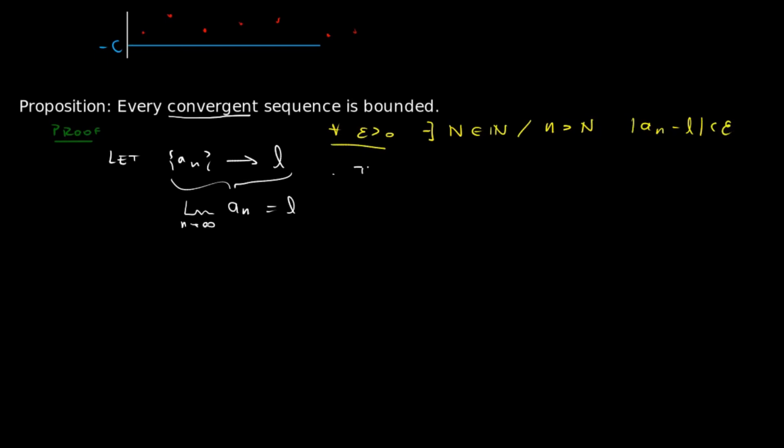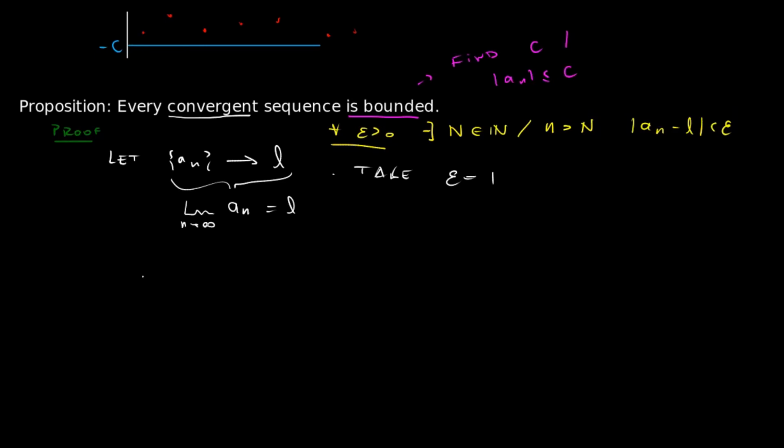So take epsilon equal to 1. As this happens for every epsilon, in particular, it will happen for epsilon equal to 1. Now, we want to prove that a is bounded. So what we have to do is find a number c such that the absolute value of a sub n is smaller or equal to c.